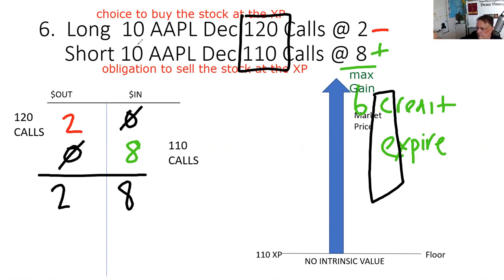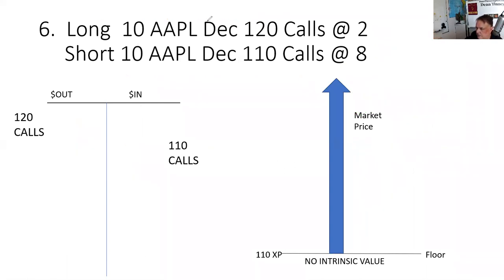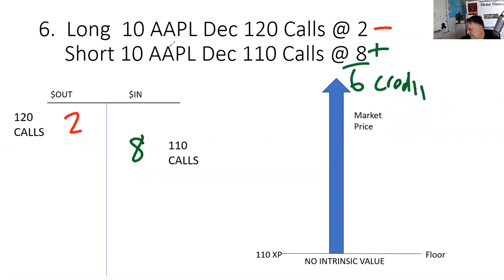So let's clear this up again. I'm just setting this back up. We got 8 here. We got 2 here. We've determined that this is a 6-point credit spread. We've determined that that is our max gain. We've determined expire.